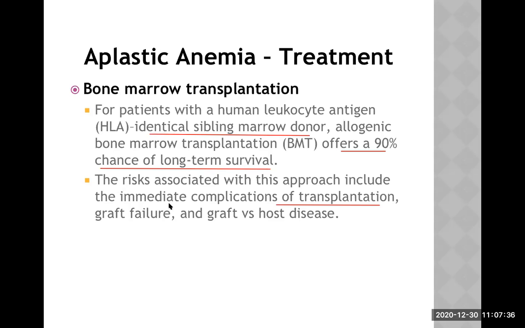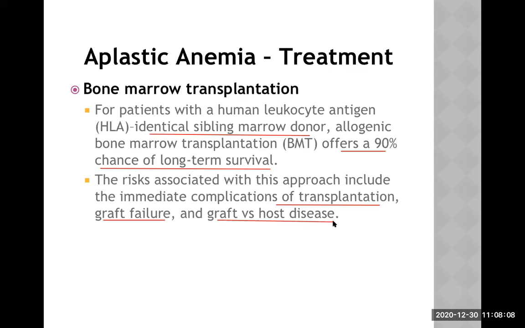Now see this. Let's talk about something else. The graft which you have done may fail later on. Chronic rejection can occur, and there is one condition known as graft versus host disease. I'm not sure whether you have studied this in immunology or not. The meaning of this is there are certain lymphocytes which are present in the graft. Graft means the bone marrow which we have taken from the donor. So there may be some donor lymphocytes which are still present there.